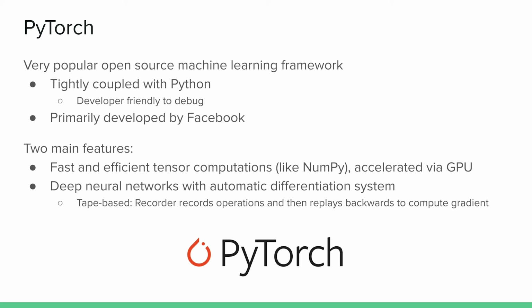It has a tape-based system where it records the operations that it took. So you're running an addition, you're running a multiplication, and it records these steps. And when you record and you know that the operation was an addition, you know how to compute the derivative, how to compute the backprop step. So you can replay this to compute the gradient.